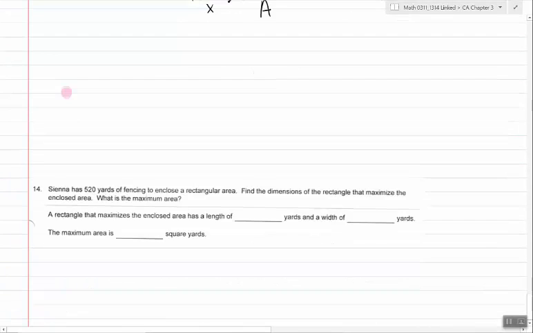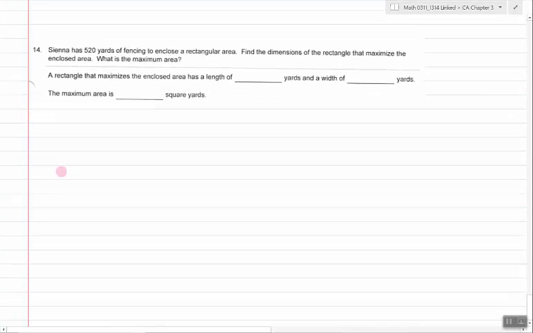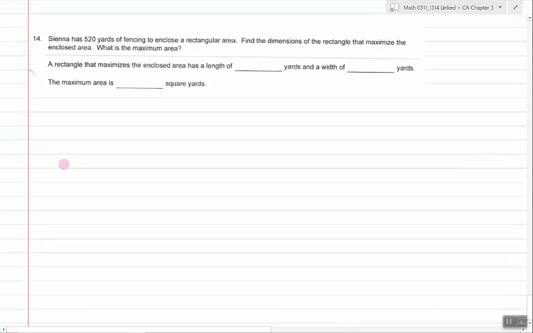All right, last one. In this one, we don't have a river. We have a rectangle, and it says that Sienna has 520 yards of fencing to enclose a rectangular region, and you want to make it as big as possible. So I'm going to call X the width, and I need an expression for length.